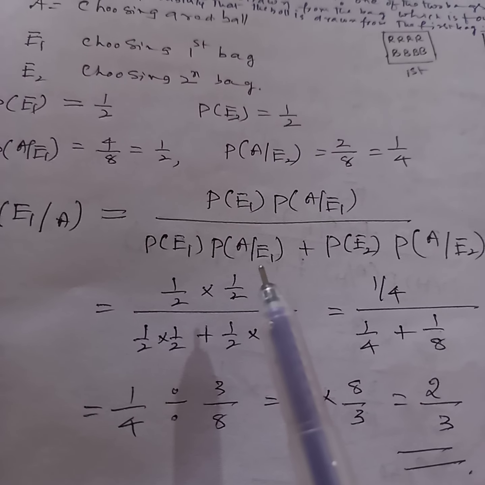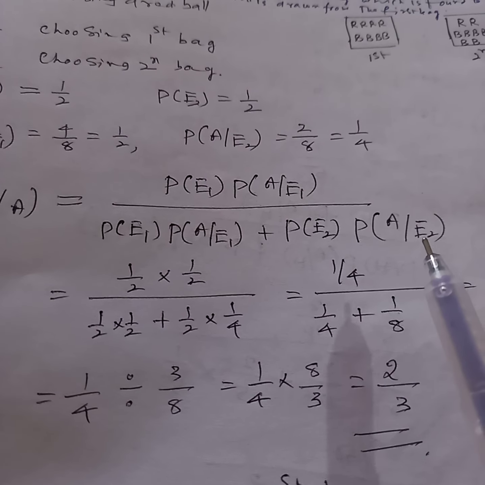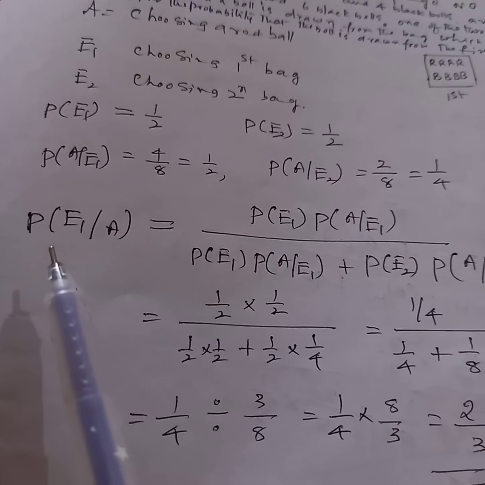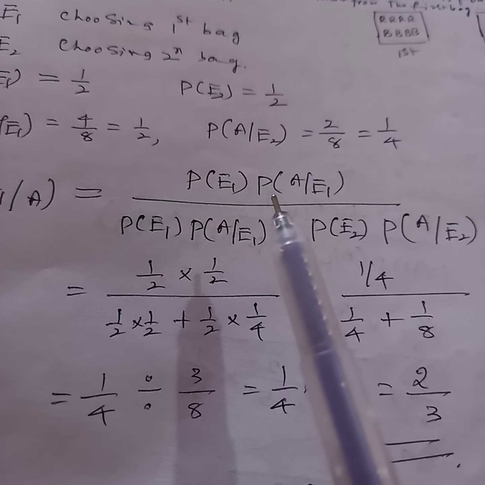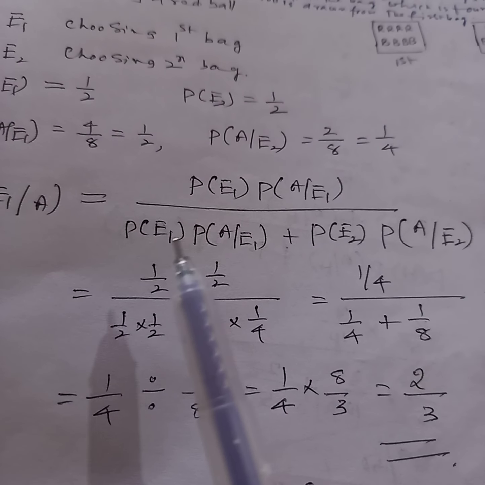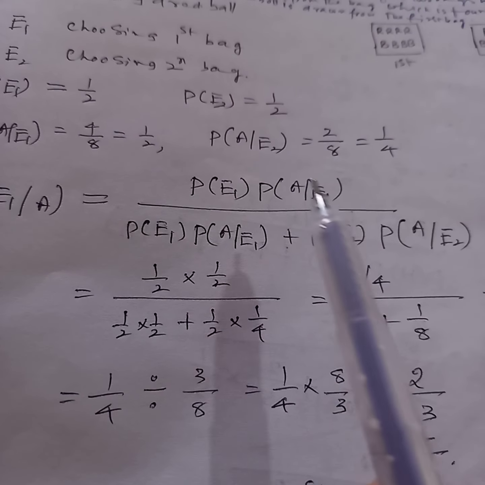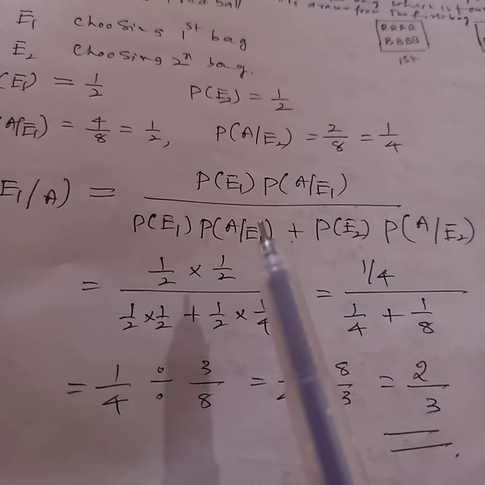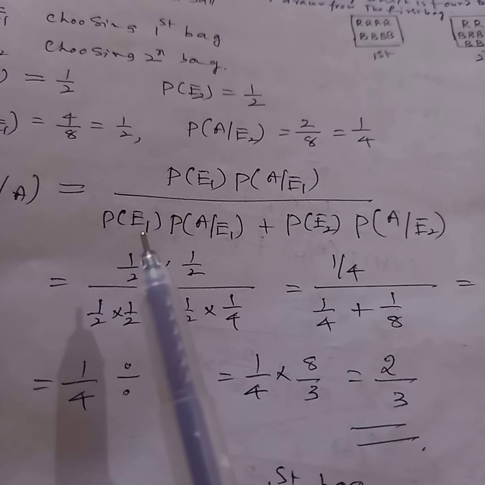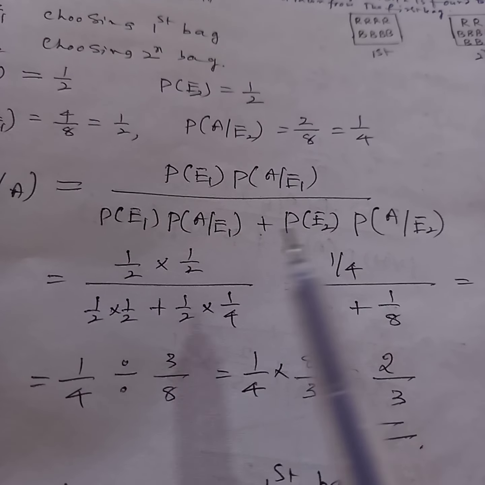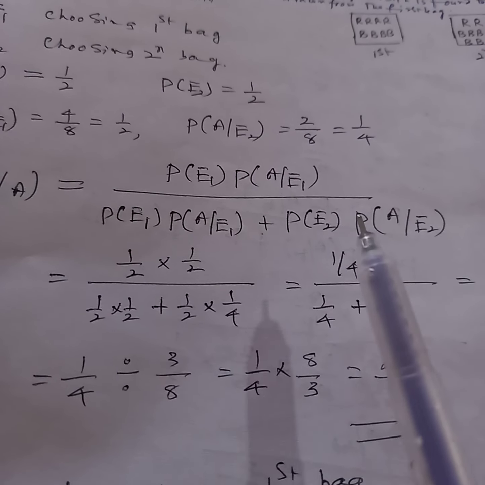So in this way you have to remember this. P(E1|A) is equal to P(E1) P(A|E1), and the same thing we write in the denominator. And for the further term, in place of E1 we write E2, that's all.